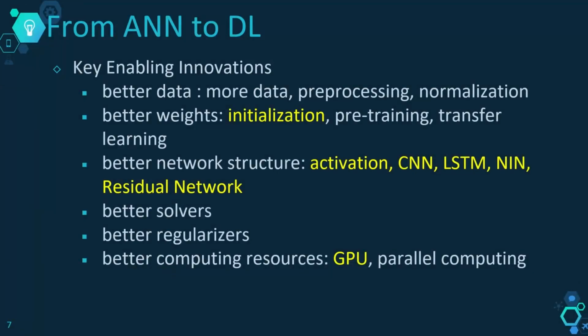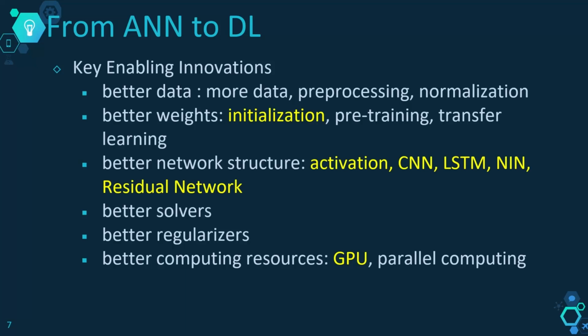Also, we need better architectures. It's very interesting, looking at the history, that CNNs were proposed a long time ago. But back at that time, we didn't have very good tools for training those neural networks to get the performance that we want. But now we have the power. And we also have new things such as LSTM and, more recently, network in network and residual network.